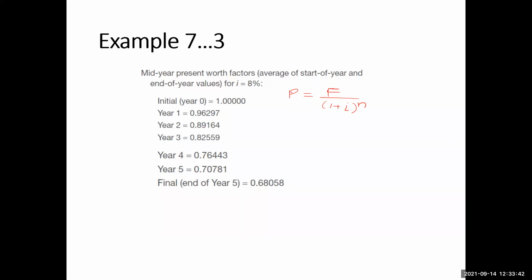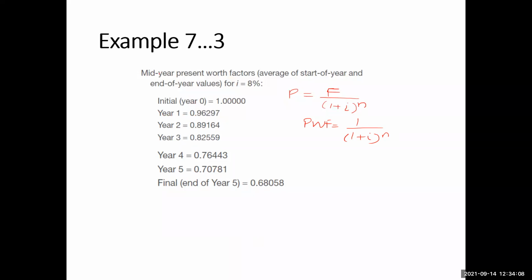In this case, the present worth factor means that any future value can be converted into its present equivalent by this factor. The present worth factor will be 1 over (1 plus i) to the power n. So 0.96297 is the present worth factor for year one.